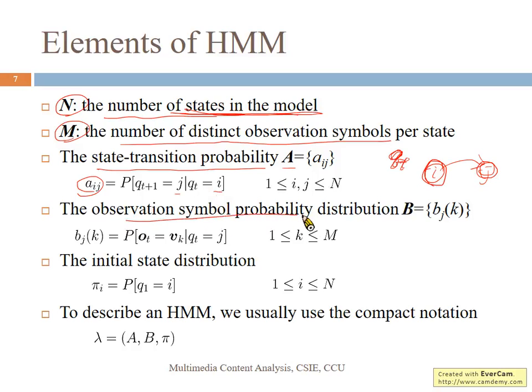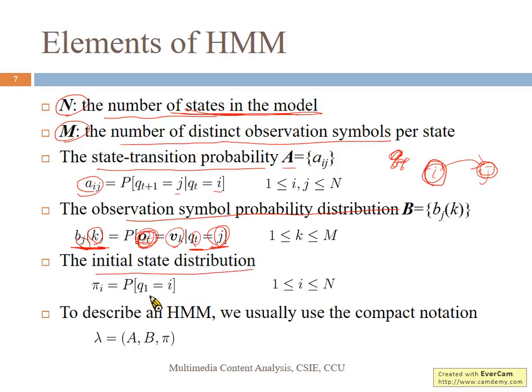And the observation symbol probability distribution is that given that we are already at state j at time instant t, the observation Ot is equal to Vk. The probability of such observation at state j is the so-called Bjk. Okay, so j here means the state, k here means the observation symbol. And also the initial state distribution.